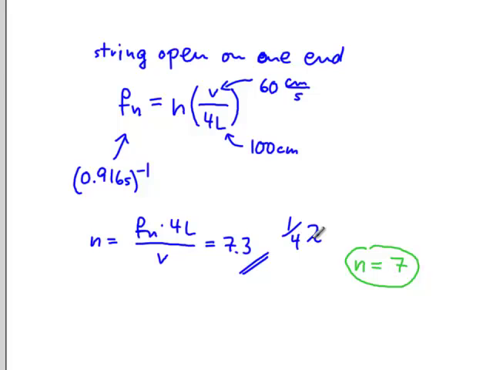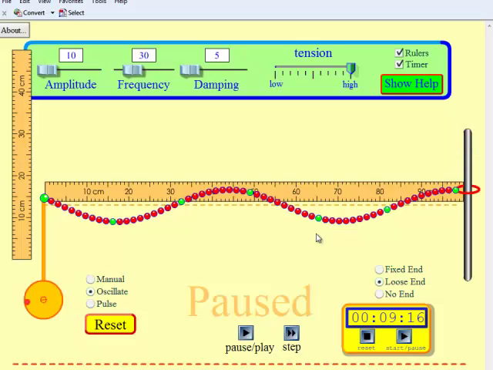And that's kind of what we can see in here. Yeah, so I have like one full wavelength here, which is 4 quarter wavelengths, and then I have another 3 quarters, so I have a total of 7 quarter wavelengths.